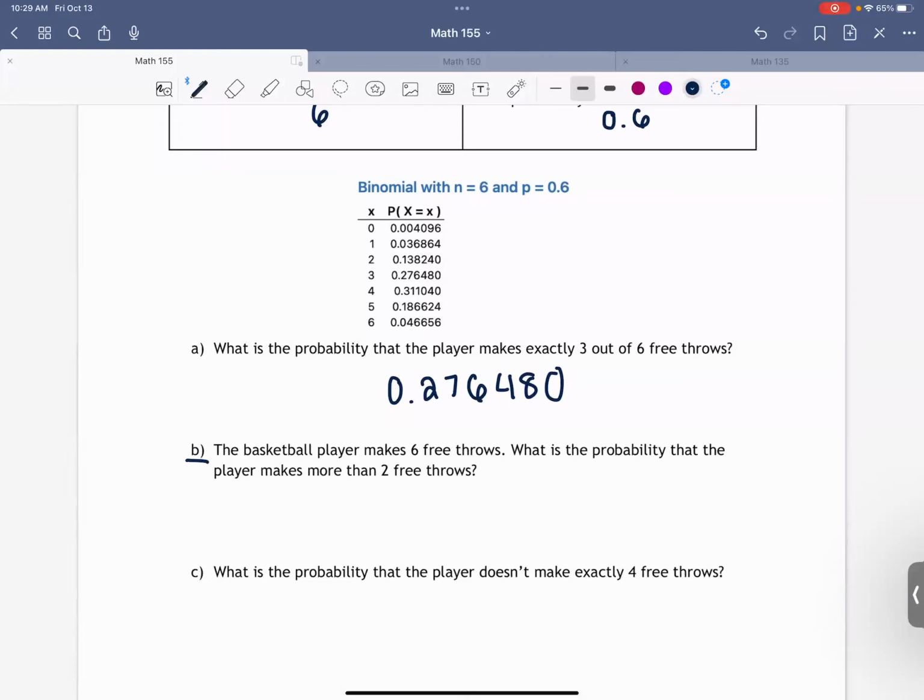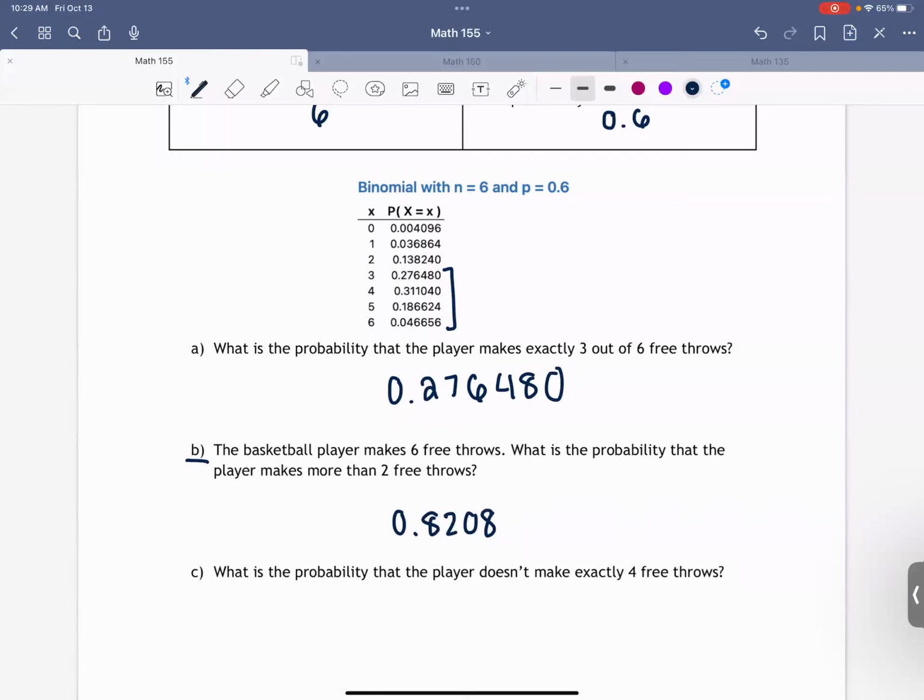Greater than 2, not including 2. Perfect, right? Just add up everything greater than 2, not including 2. I'm not going to write that up. Did we all get 0.8208? Yes. Okay, that makes me feel good. Sometimes when I do it in my office, I miscalculate it, and then I'm like, oh, darn it, I have to do it in class.